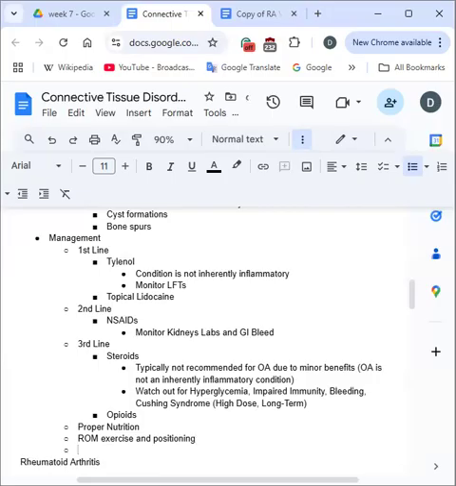What about other non-pharmacological pain treatments that might be effective? If someone has pain in a specific area, what's something we can do without immediately going to pain meds? Yeah, perfect. Heat or cold.